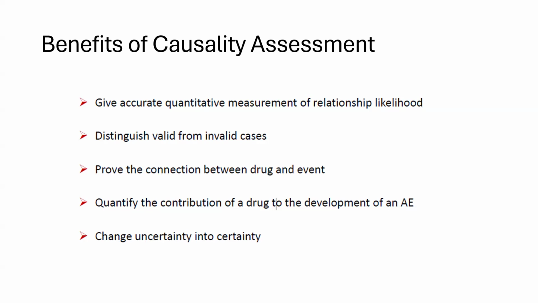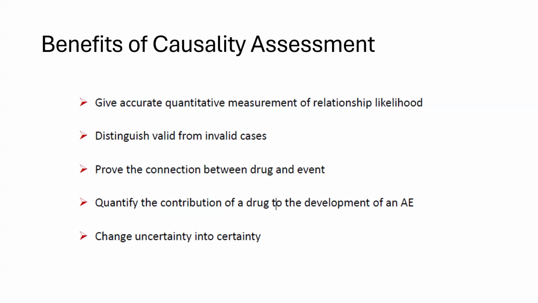Okay, proof of connection between the drug and ingredient. It is fine. Quantify the contribution of the drug to the development of the AE, meaning to what extent that drug is responsible for developing that adverse event. And change uncertainty into certainty.